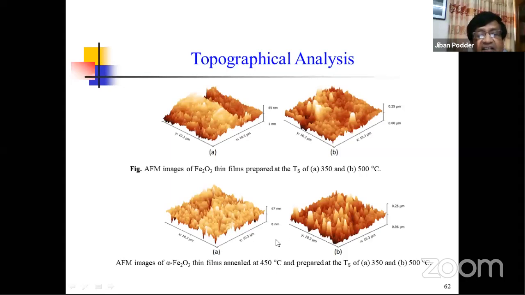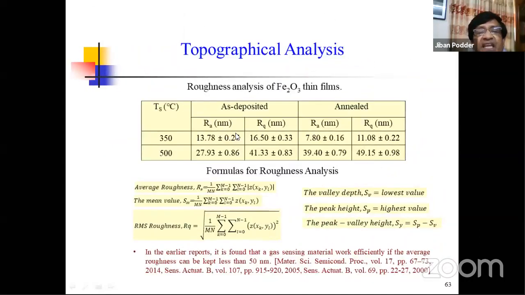Here are the iron oxides at different temperatures, and here the average roughness and RMS roughness are calculated. When you increase the temperature, the average roughness automatically increases and the RMS value also increases. This is the as-deposited sample, but for the annealed sample, you have better results.